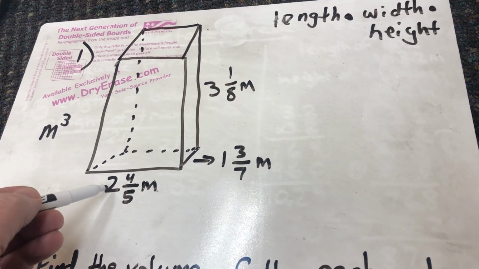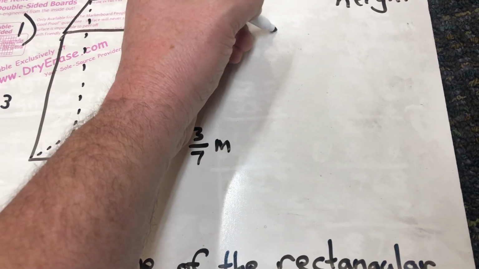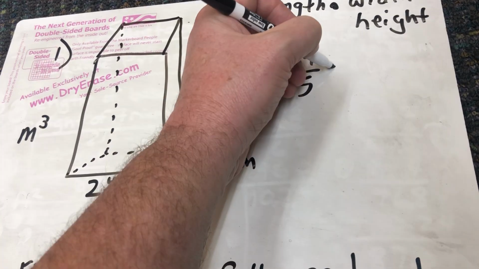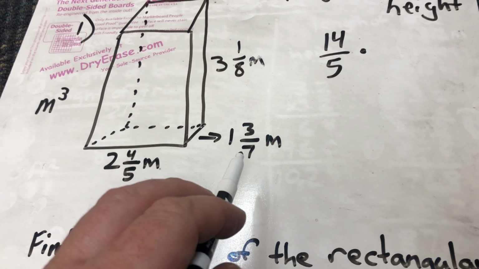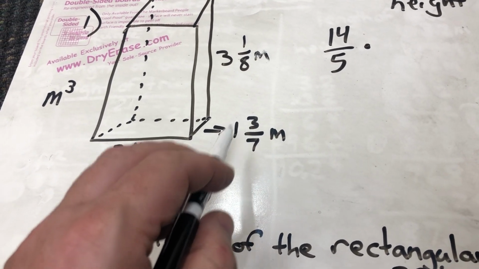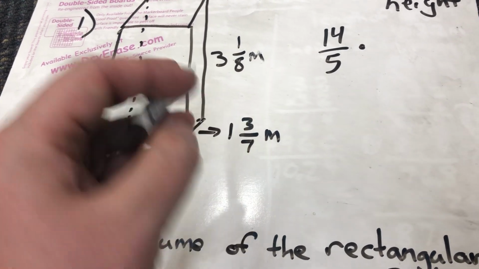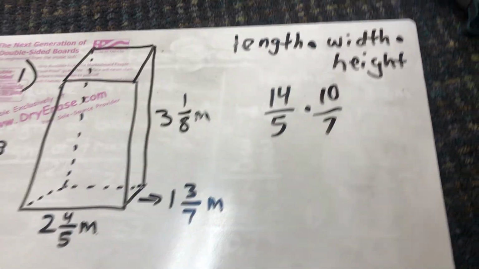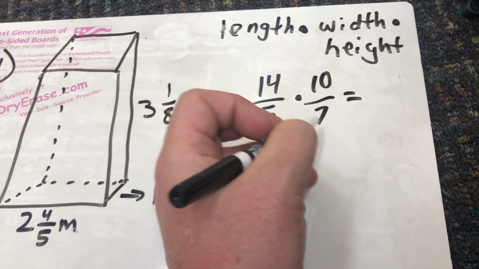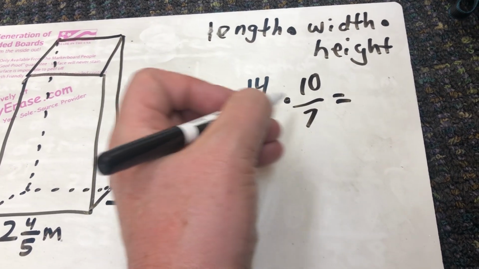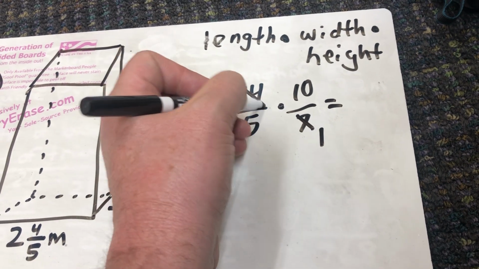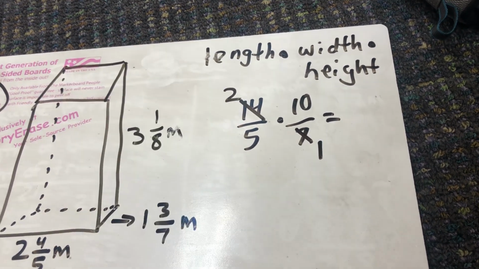Well, 5 times 2 is 10, plus 4 is 14. So I'm going to write 14 over 5. And that's going to be multiplied by my 1 3/7. 7 times 1 is 7, plus 3 is 10. 10 over 7. And that works out really well because I can cross-check a 7 and a 14 by dividing by 7. 7 divided by 7 is 1. 14 divided by 7 is 2.